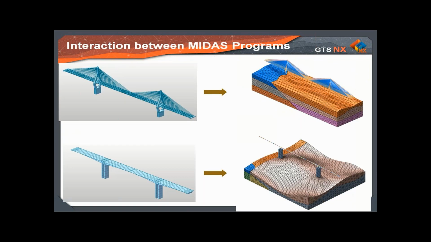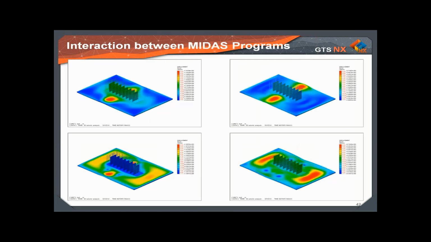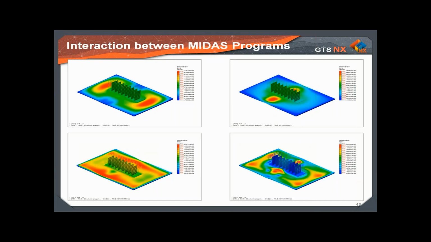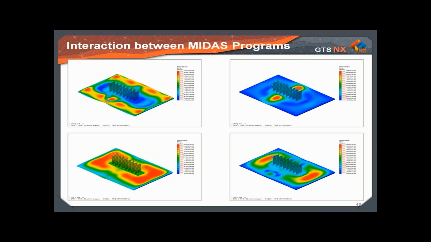And also from MIDAS Civil, the bridge model can be exported into GTS NX as well. Also the bridge applications. So this is showing some results after analysis, including the superstructure in GTS NX.